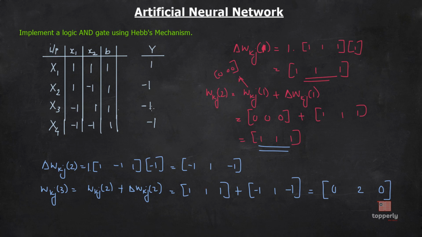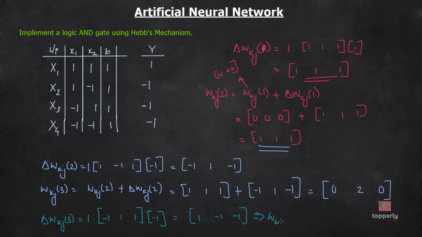Now, we will move on to the third input-output pair. Therefore, delta wkj of 3 can be given as, the learning parameter is 1 into input vector x3 is minus 1, 1, 1, and the output is minus 1. Therefore, minus 1, which can be written as 1, minus 1, minus 1, right?